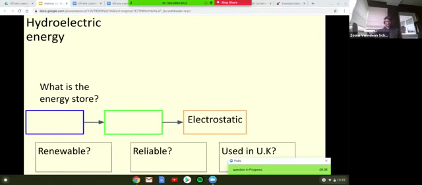I haven't given you the answer so far, but if you think about what we've talked about already, the types of energy stores and the energy resources and the stores which they have, which energy resource starts with gravitational potential energy? Is it A, the hydroelectric dam? Is it B, solar? Is it C, coal? Or is it D, nuclear?